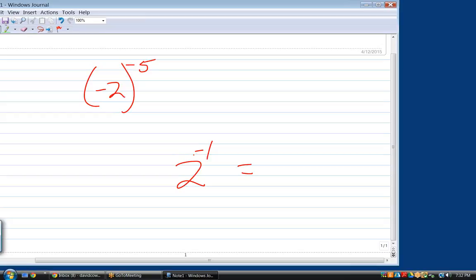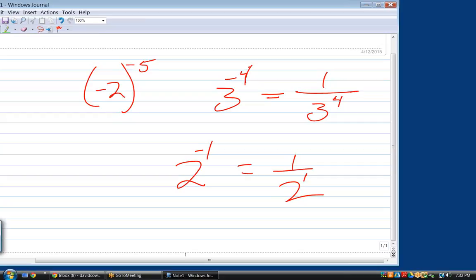Whenever you see a negative exponent, it merely means the reciprocal. If I had 3 to the -4, that would be the same as 1 over 3 to the 4. Don't make the mistake that a lot of people do of assuming that negative exponents mean negative numbers.